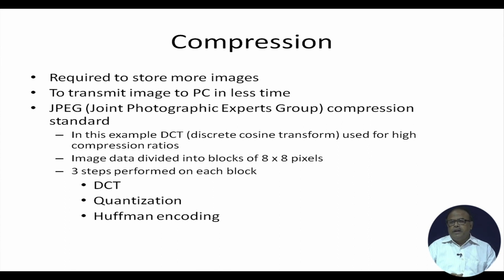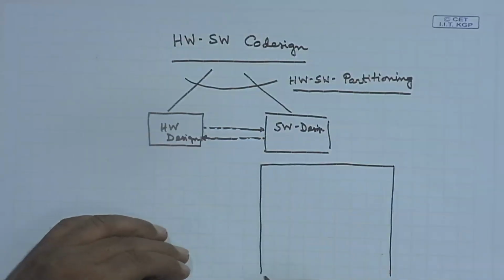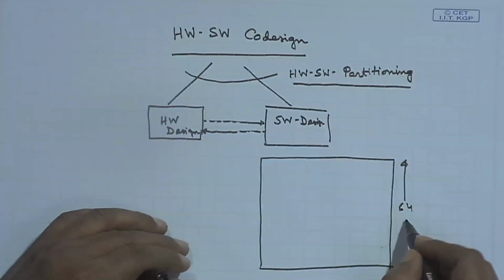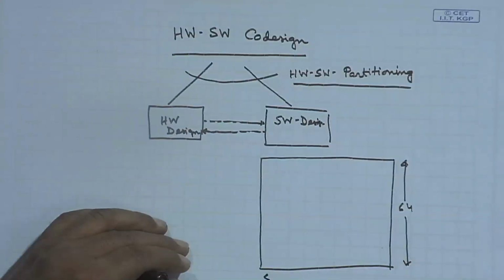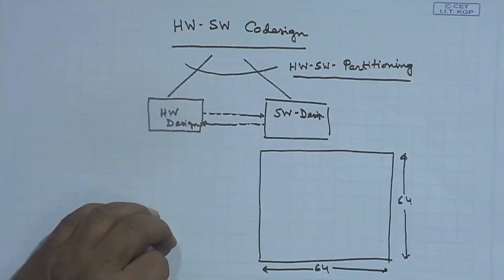The entire image we are assuming is 64 by 64 pixels. That entire thing we are dividing into 8 by 8 blocks. So, we have got the image which is 64 by 64 pixels, on this side also 64.